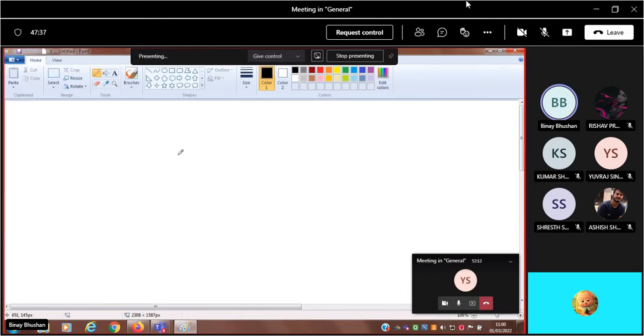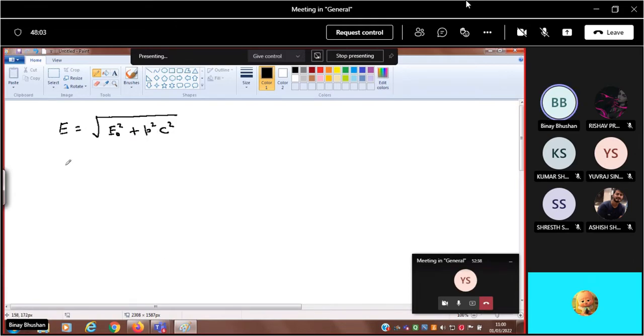So now we have just derived that the energy of a moving particle is given by the square root of E naught square plus p square c square, right? This is the general formula for a moving particle. And for a massless particle, E naught will be 0, so E will be equal to PC.